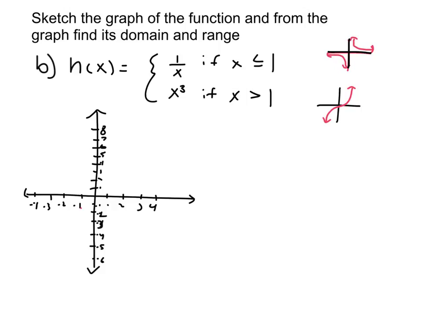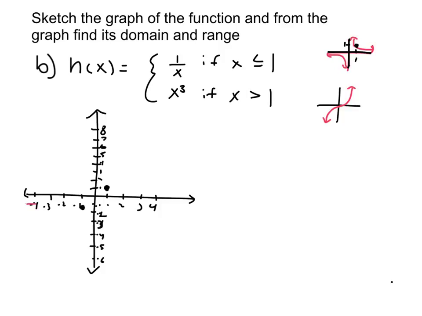This graph goes through this point right here, which is (1, 1), right? Because 1 over 1 is 1. So I'm going to put a point there. I'm also going to put a point at (-1, -1), because -1 over 1 is also -1.